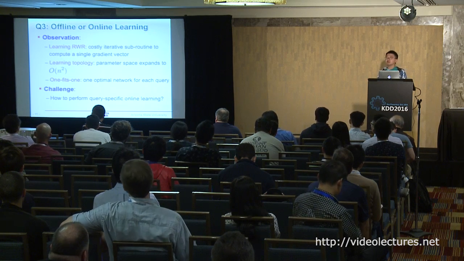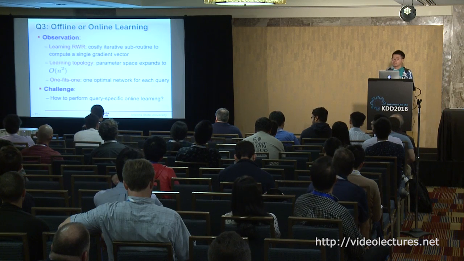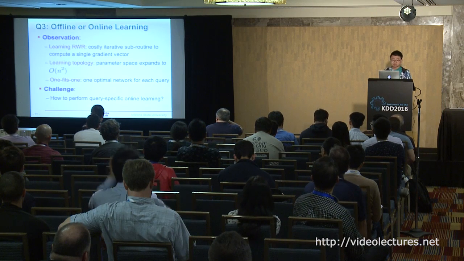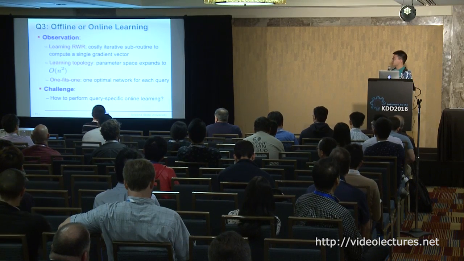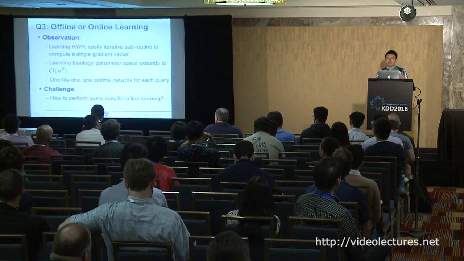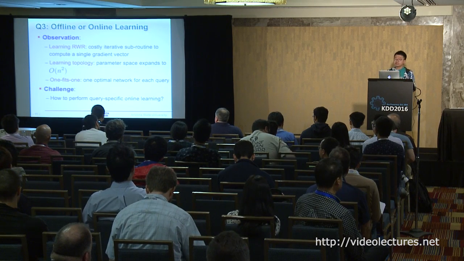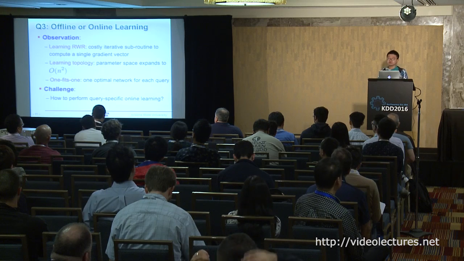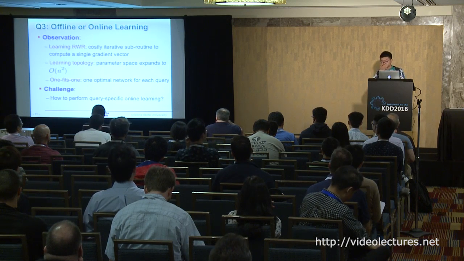If we want to learn the optimal topology, then the parameter space will expand to n squared. If we want to learn one optimal network for each query, then in principle we could have n cubed parameters. So here the challenge is how to perform query-specific online learning.